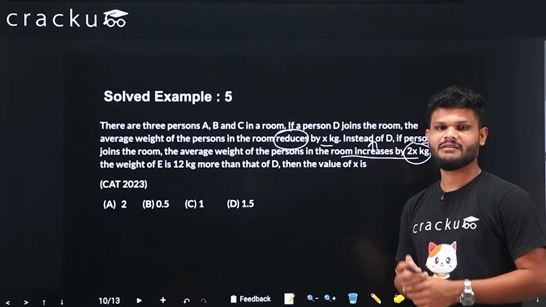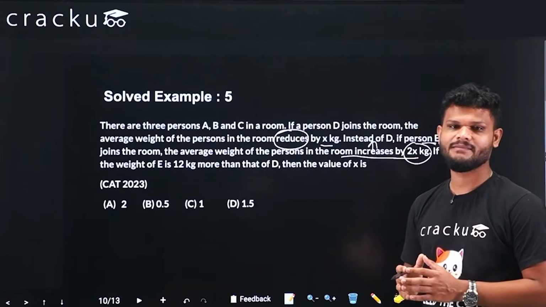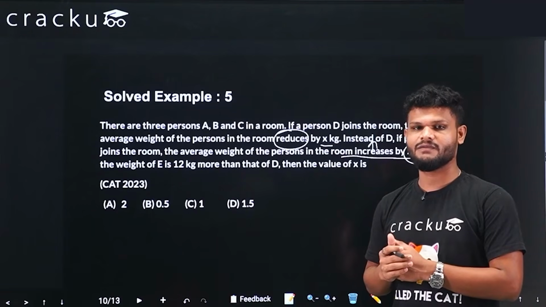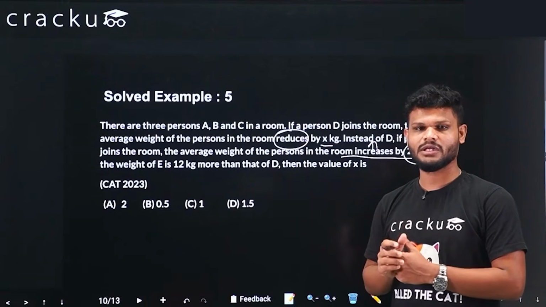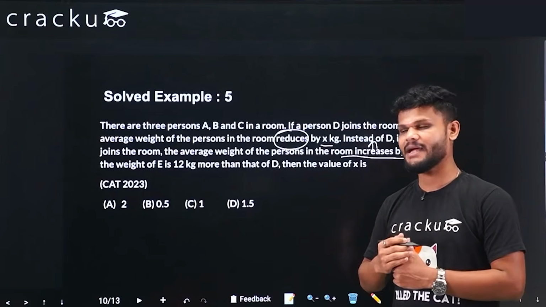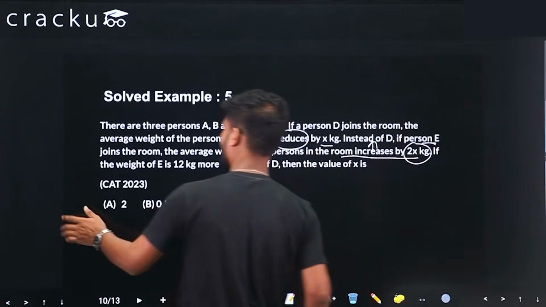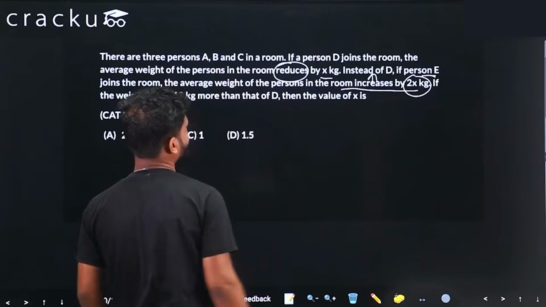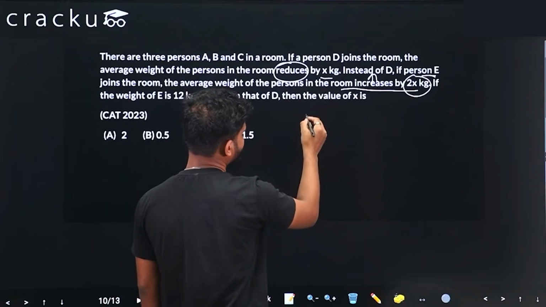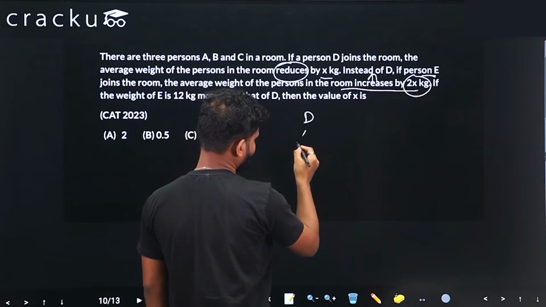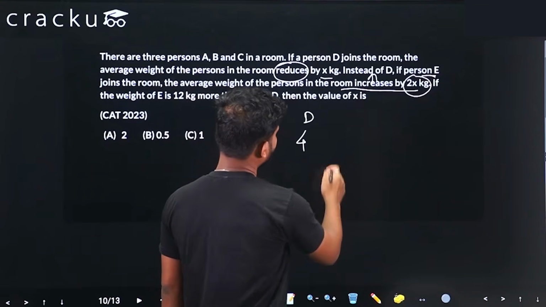This is nothing but, when the number of quantity remains the same, that number of quantity is equal to the difference in the total values in both cases divided by the difference in the averages. So let us see here. First there were 3 people. Now if D joins, how many people will be there? 4 people.